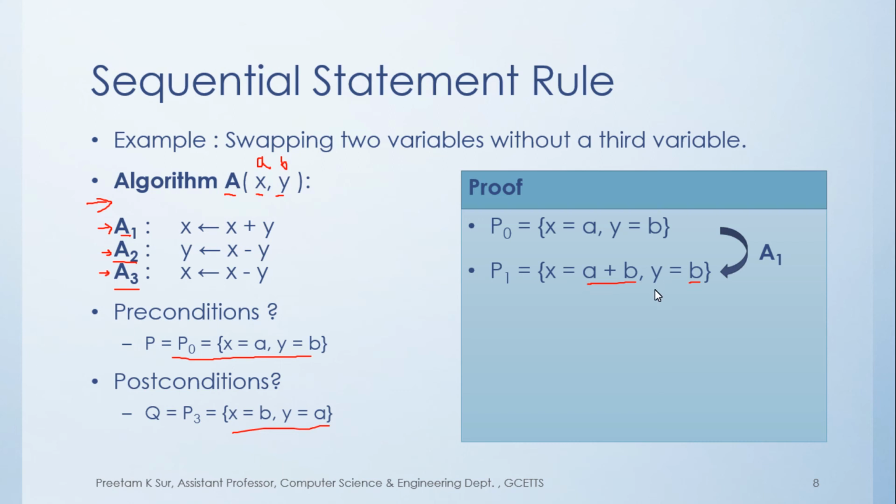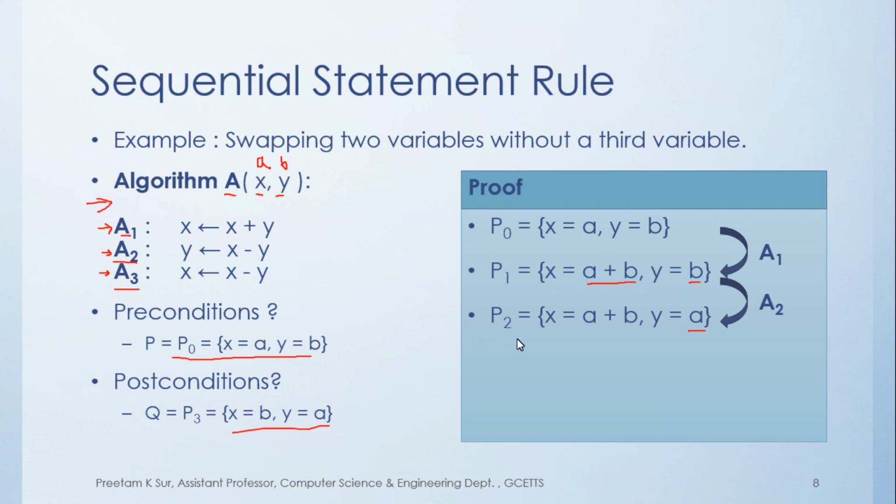So y will be changed to the value a, and there is no change in the value of x in statement a2. So in p2 we will have x equals a plus b as it is, and y will be changed to a, right? Now this p2 is nothing but the state before executing the statement a3.